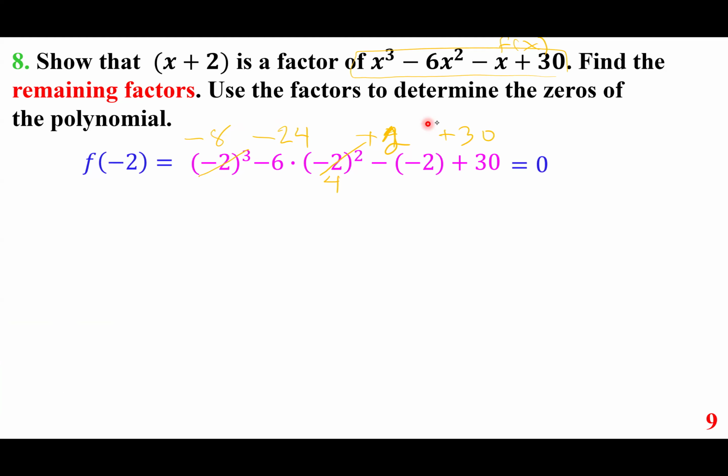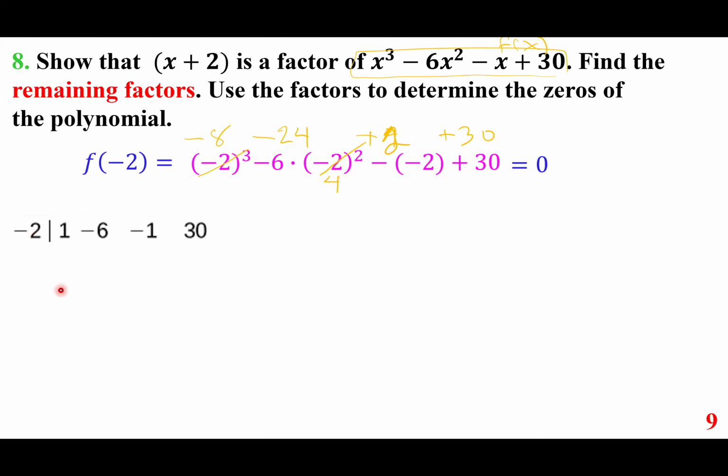And that's a proof, which means if I want to find the rest of the factors, I can divide this one by this one, and the remainder is 0, so I'm going to use synthetic division. So I'm going to write 1, negative 6, negative 1, 30, and I'm going to divide by negative 2.